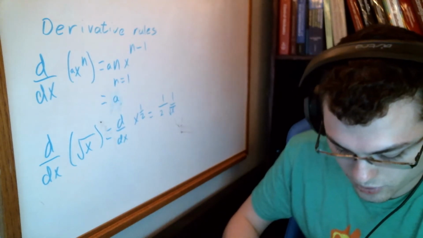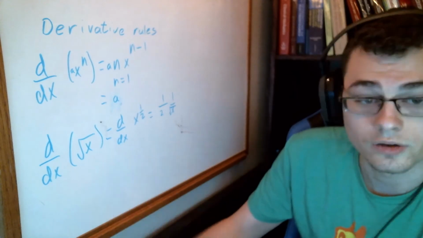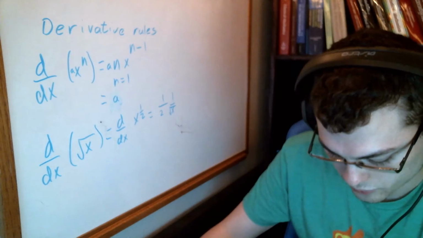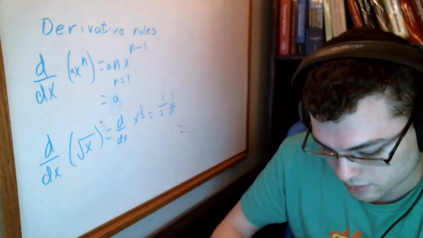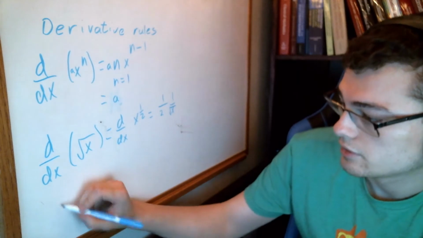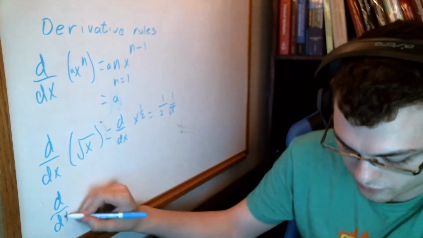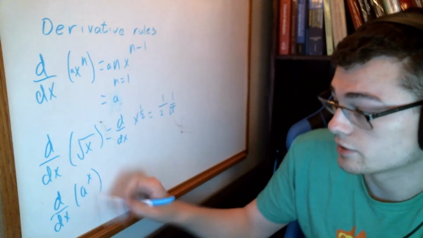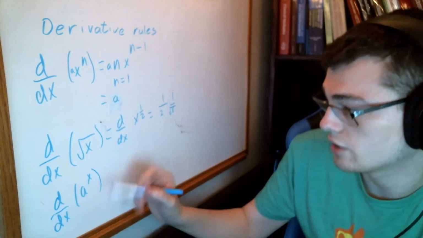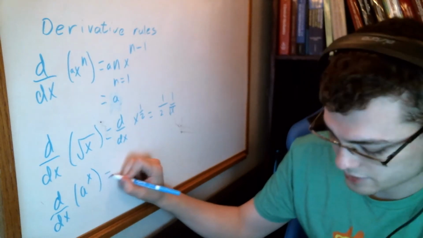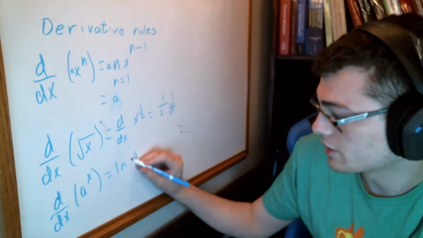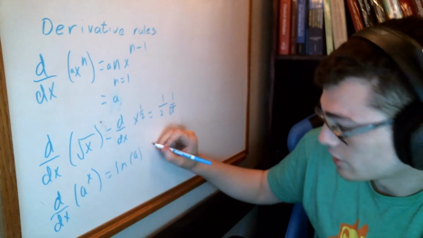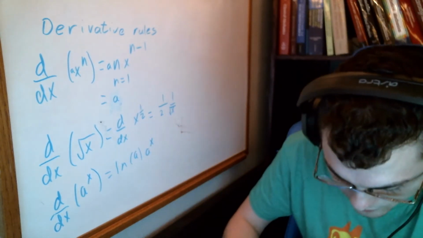For other functions, we'll have, say, the exponential function merely returns the same exponential. And when we're talking about the derivative of, say, this is probably not one that we're going to use in this class, but the derivative where the thing that you're taking the derivative of is in the exponent, then this will yield you the ln of a, or what is being exponentiated upon, times the original function.